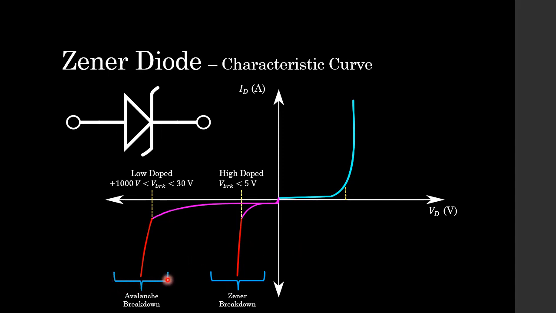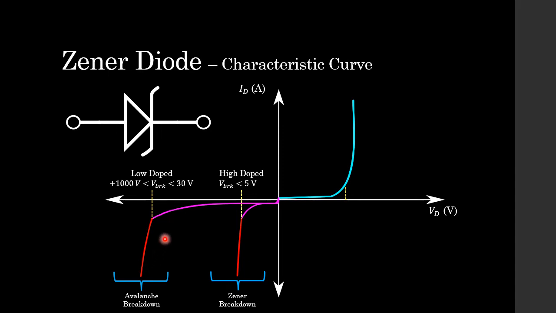As you remember, avalanche breakdown takes place when you reverse bias a diode to a point where the reverse bias voltage reaches the breakdown voltage, and that causes our avalanche process to occur. If we don't have a current limiting resistor or current limiting circuit, that's going to destroy our diode. So it's a very bad idea to ever operate a normal diode in the reverse bias region.